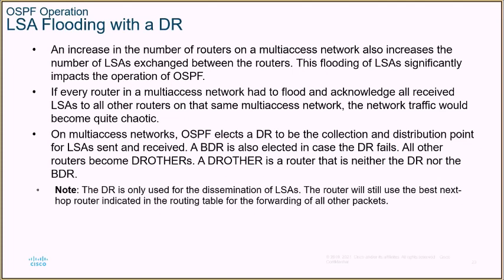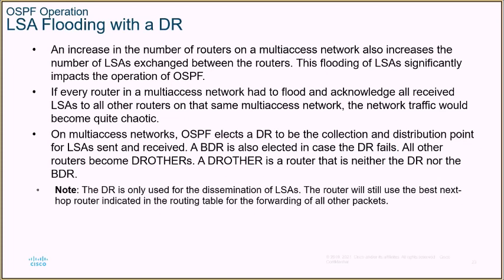With LSA flooding, an increase in the number of routers on a multi-access network also increases the number of LSAs exchanged between the routers. This flooding of LSAs significantly impacts the operation of OSPF. Every router on a multi-access network would have to flood and acknowledge all received LSAs to all other routers on the same network. Network traffic would become quite chaotic.